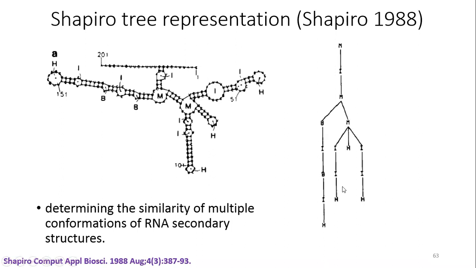So you can pause at this slide when you watch your video and try to relocate all these bifurcations, so that you can note how this tree can be formed from these secondary structures. Okay, it is quite simple. You can do it by yourself.